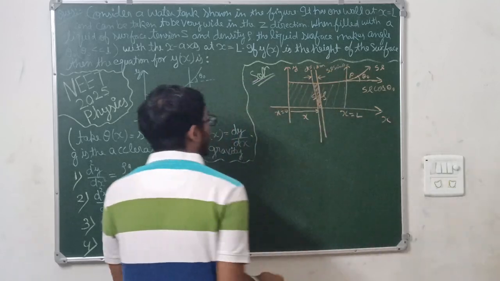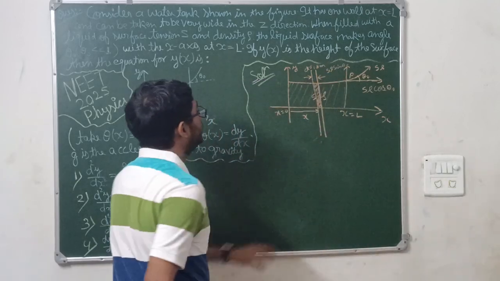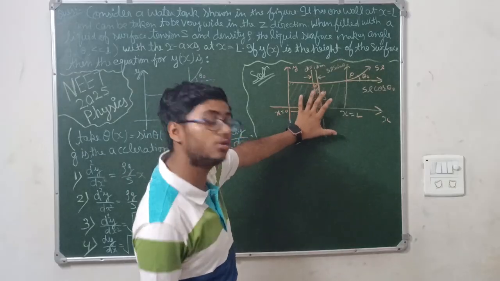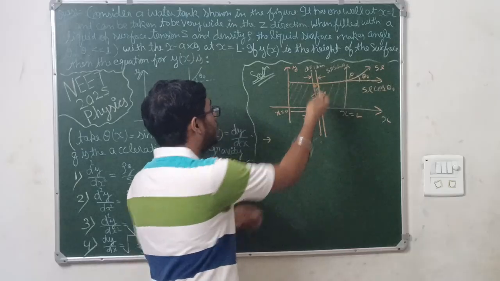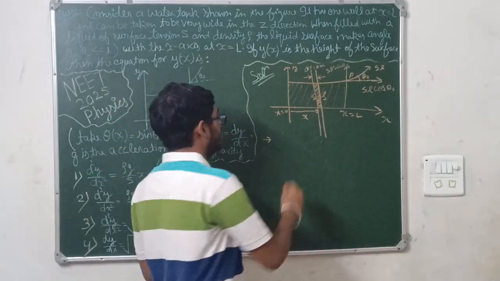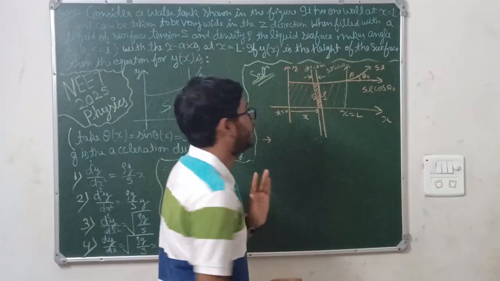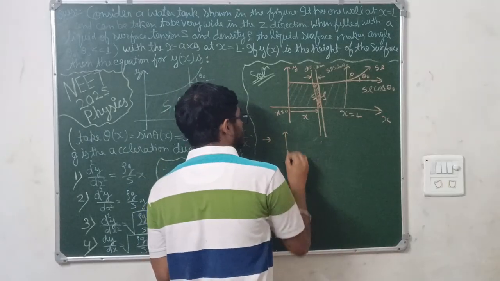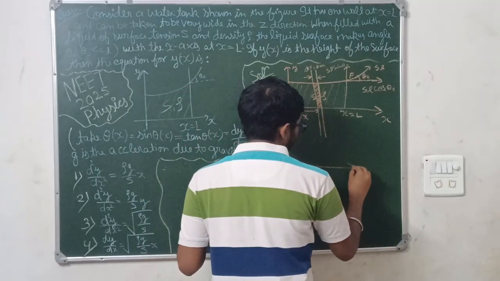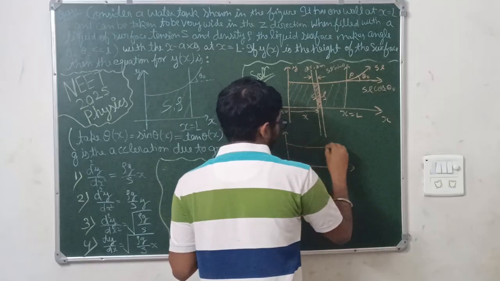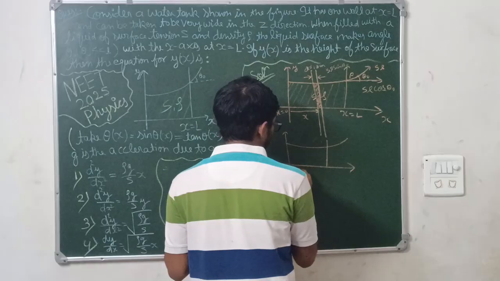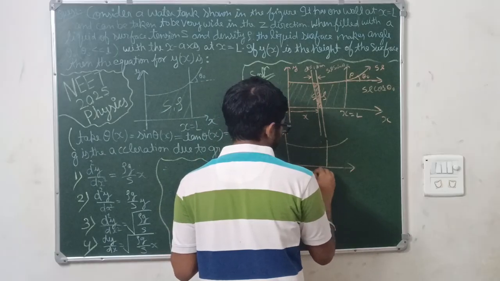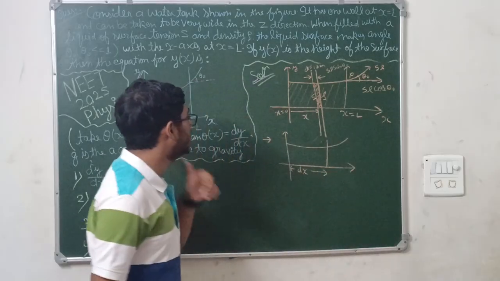Now I will be concentrating on this element only, so I will draw the diagram of this element here, magnifying it to see how it looks. This is the liquid, and this is the total distance dx.